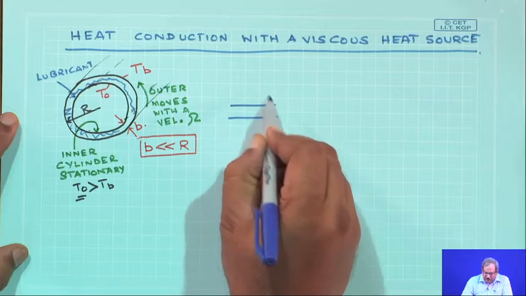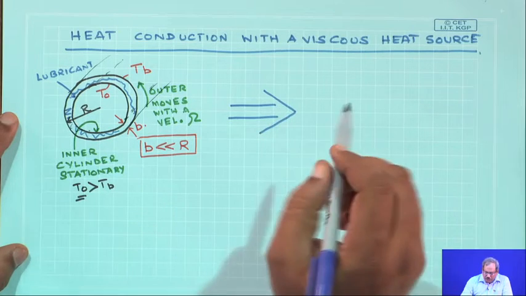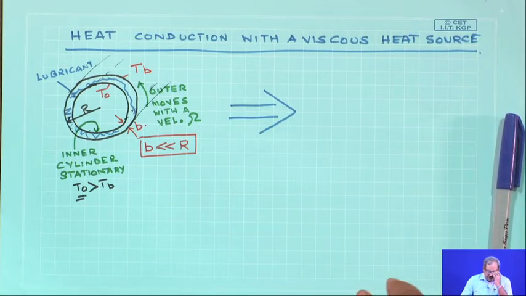The first thing that one can do, which you probably have studied in your fluid mechanics, is that if the gap between two systems in cylindrical coordinates is very small, then you can convert the cylindrical system into a Cartesian coordinate system without introducing any appreciable error. So, I have two cylinders like this.